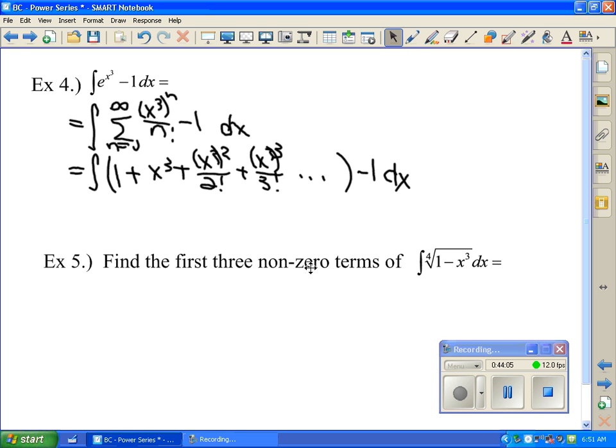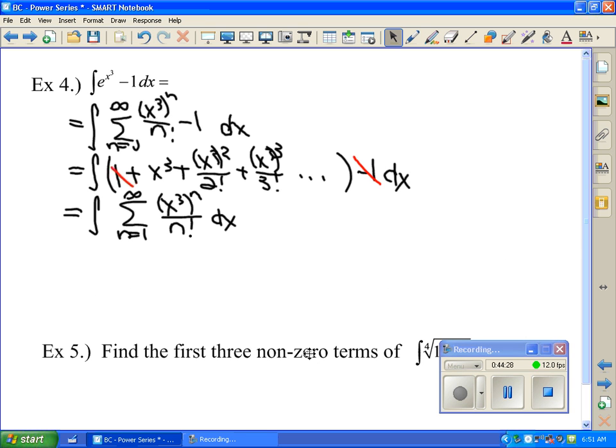So notice nicely, the 1 from the series and the 1 on the outside cancel out. That means I can rewrite this as a power series again, except not starting from n equals 0. I'm going to start my power series now from n equals 1. So it's n equals 1 to infinity, x cubed to the n all over n factorial that I actually want to take the integral of.